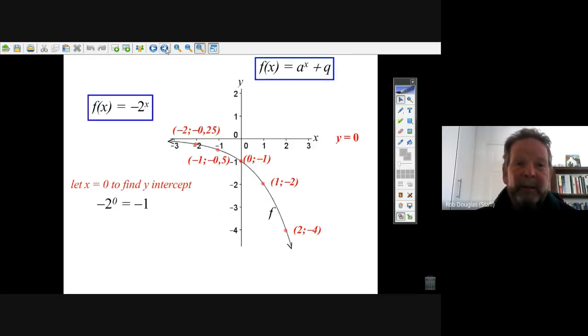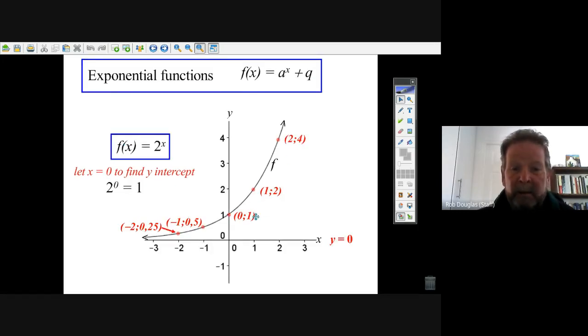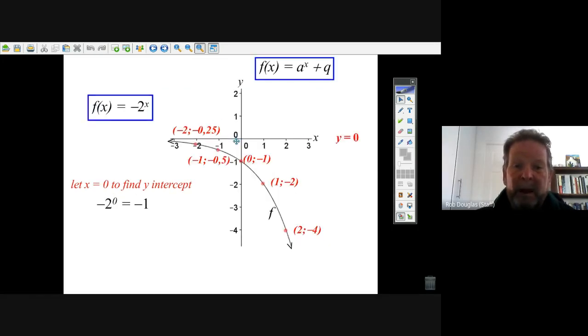What happens if it's negative? Well, let's take a look. If I had -2 to the x power, I put in 0, and everything would just become negative. It would be exactly the shape of this, 0 and 1, 1 and 2, 2 and 4, except now it's 0 and -1, 1 and -2, 2 and -4.